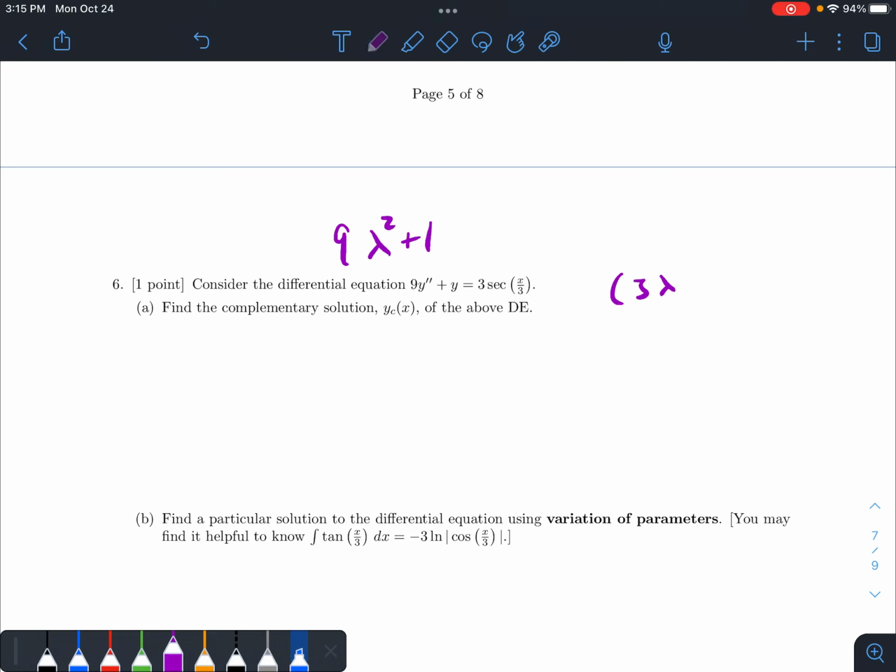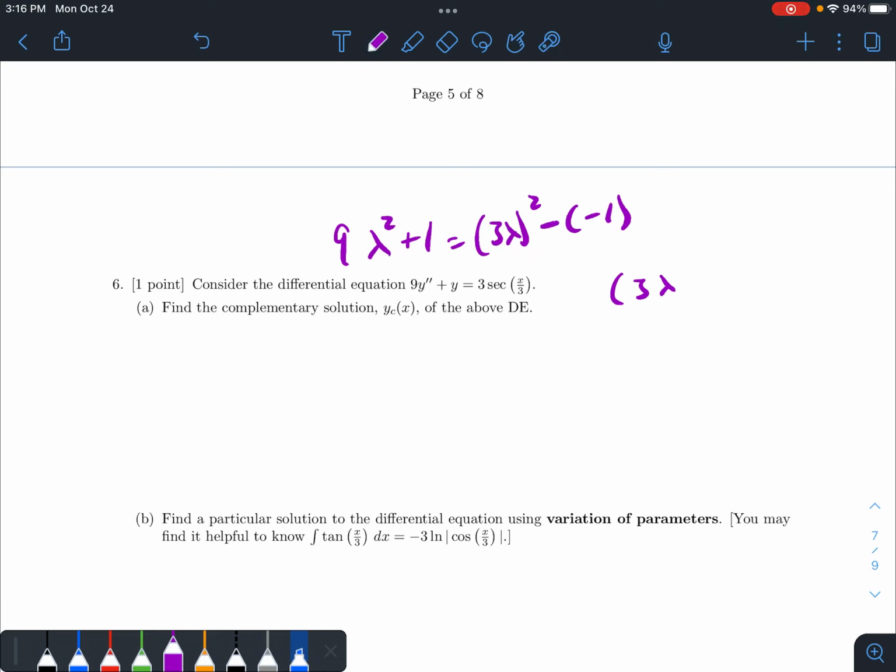The trick here would be to think of this as 9 lambda squared minus negative 1, or we could even write this as 3 lambda squared minus negative 1, and negative 1 is i squared, the square root of negative 1 squared, which gives you negative 1.